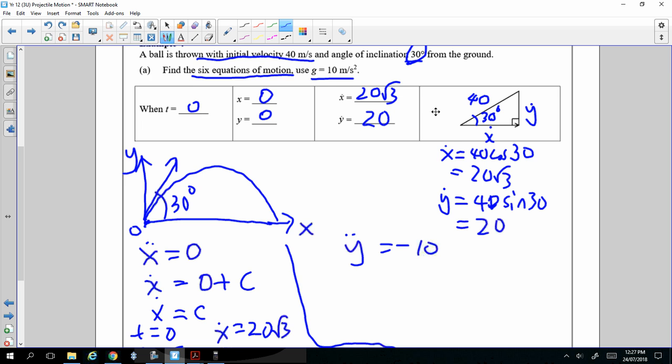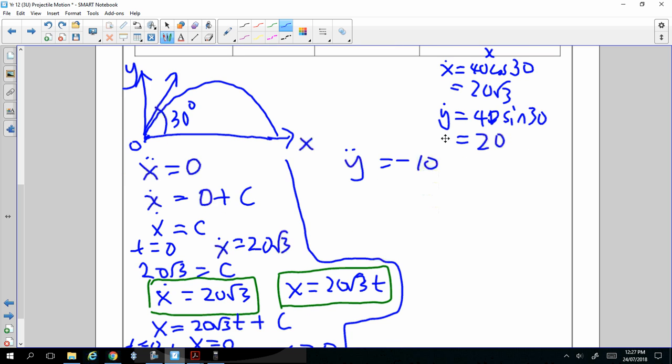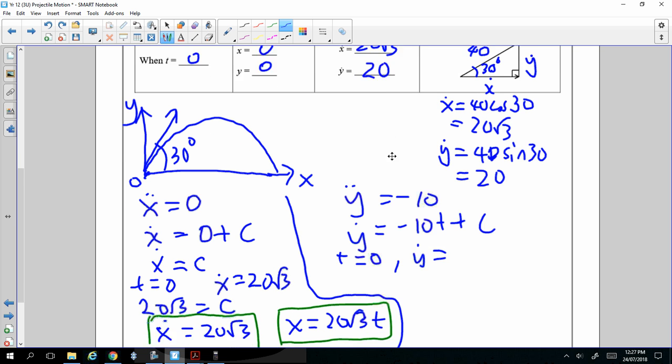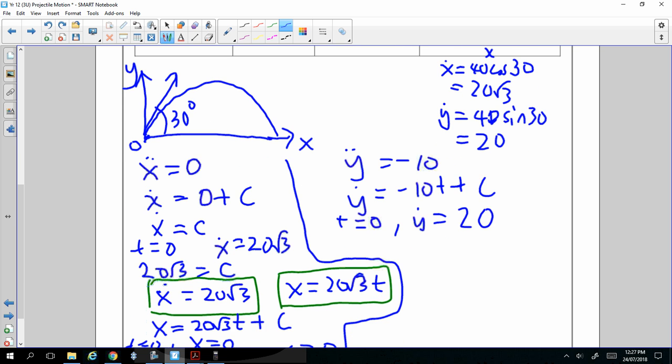And you're going to find c when t is 0, y dot equals 20. So write 20. And then you update your formula, 20 equals negative 10 times 0 plus c, so therefore c equals 20. Update your formula, and y dot is negative 10t plus 20. Draw a box around it.